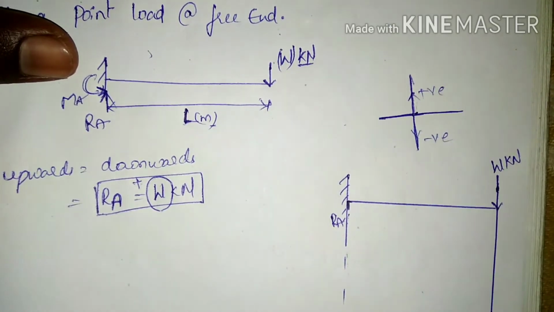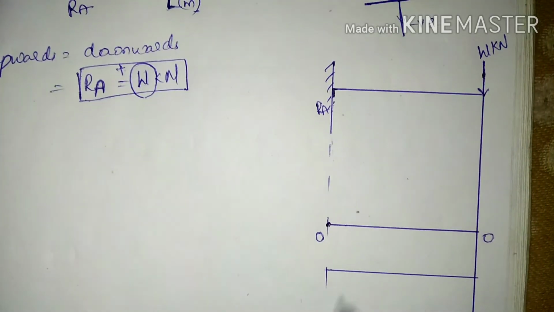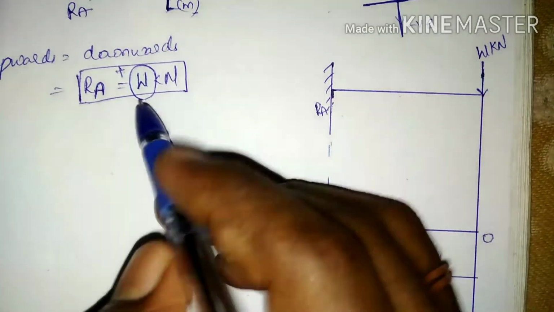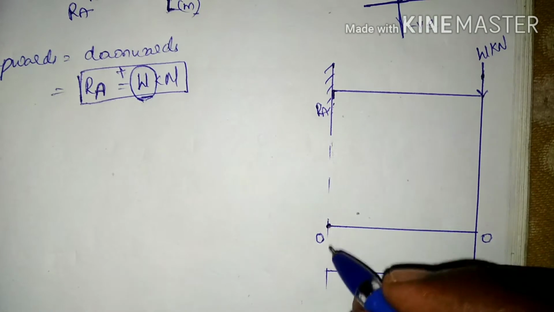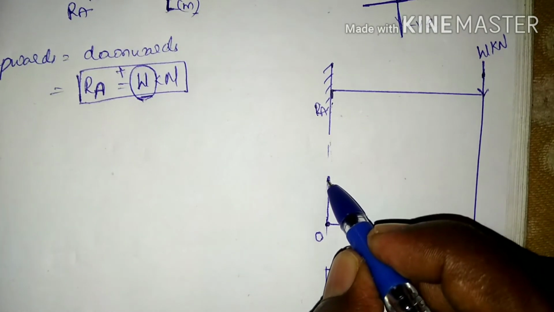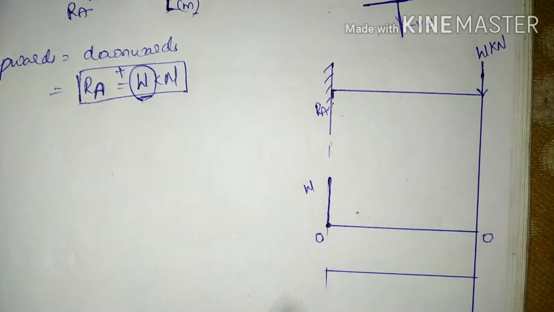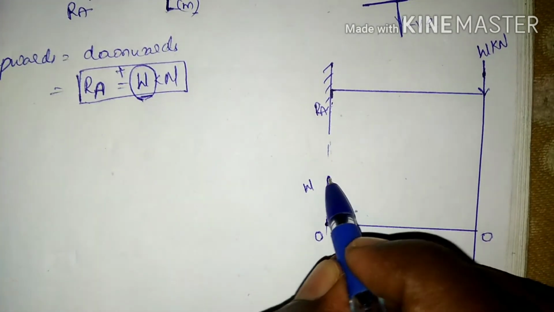In the same way, I am going to consider this as my ordinate. This is my ordinate 0, and I am having a positive W. I am going with positive W as the ordinate, the y-axis, and I am moving like this.